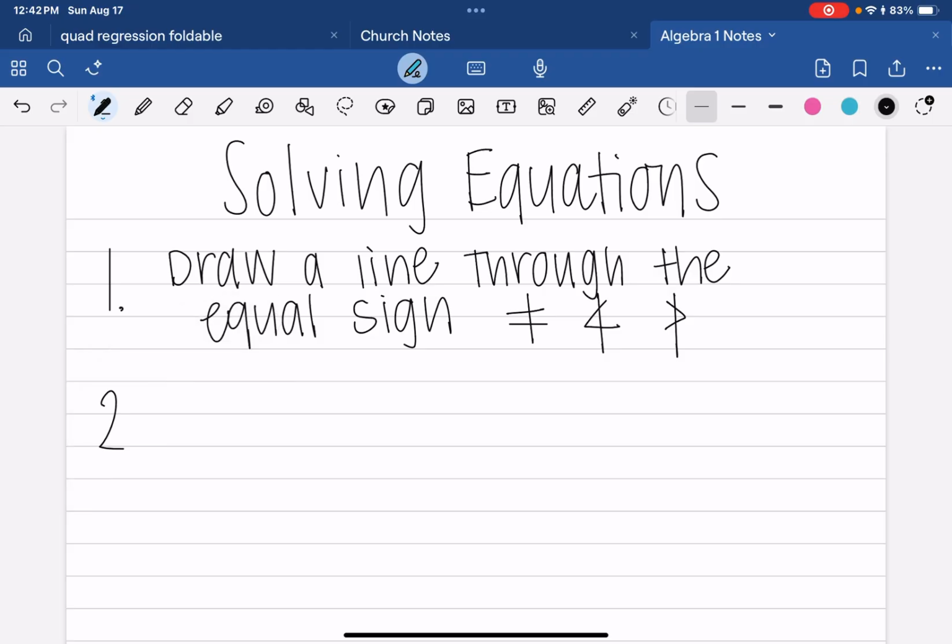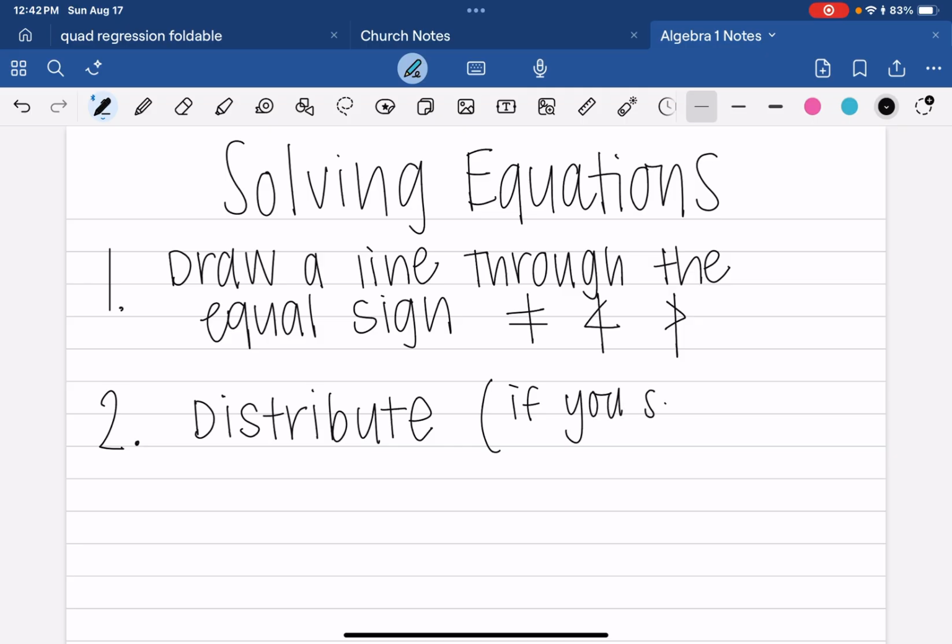Then we have step 2. After you draw a line, step 2 is distribute. You are only going to distribute if you see parentheses. This is the same thing for simplifying, by the way.